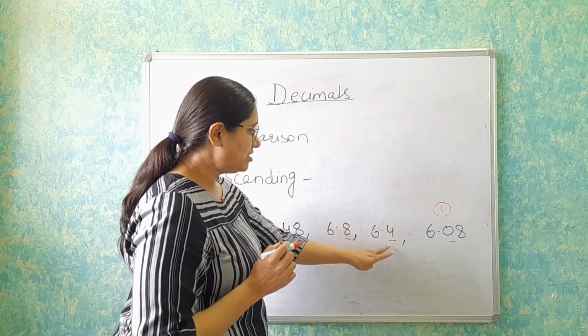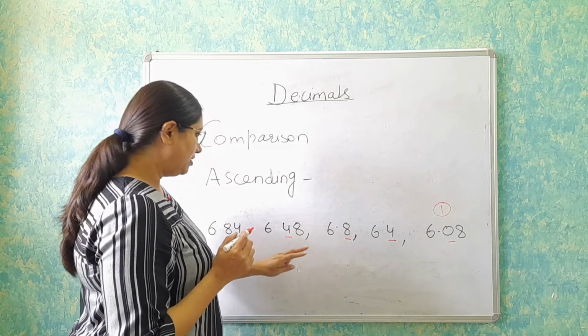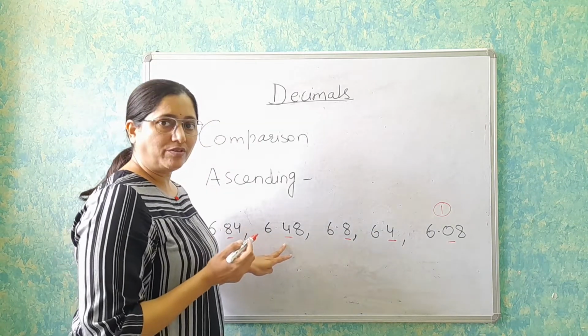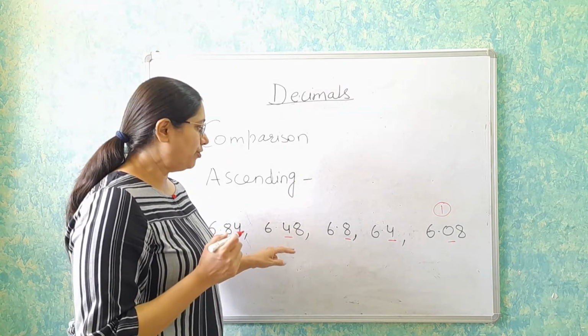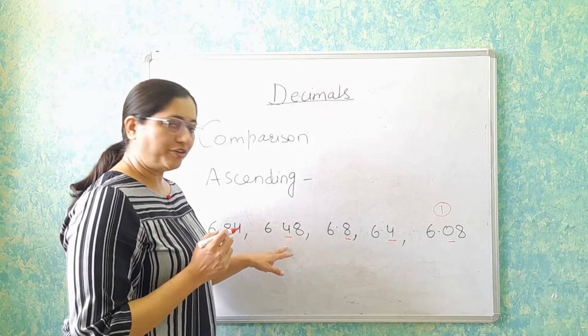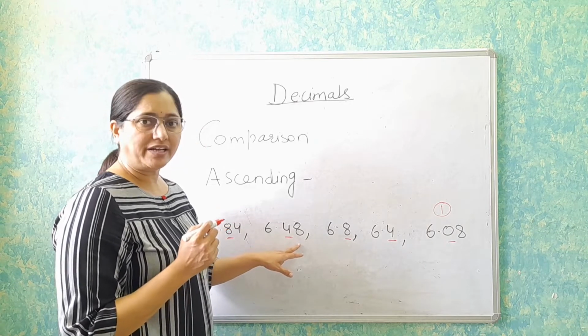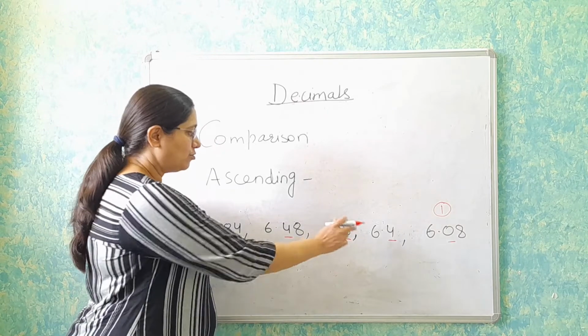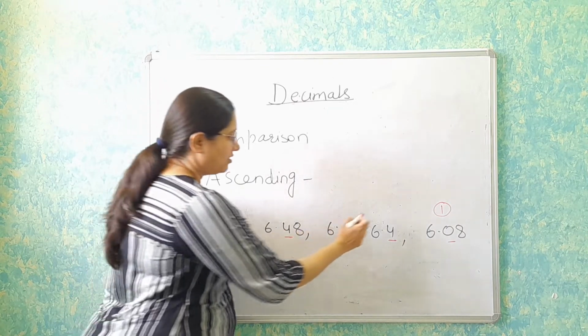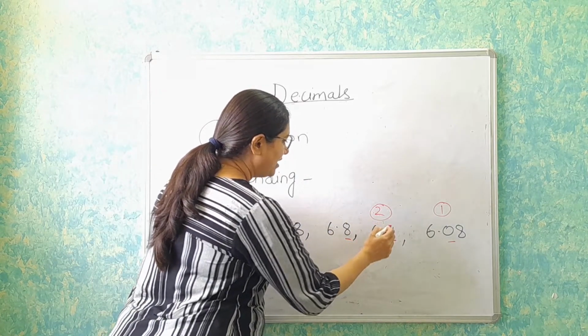After 0, this number has 4 and one more number also has 4 at tenth place. Both the numbers have 4 at tenth place, but after 4, this number has 8 at hundredth place. So we can say that 6.4 is smaller than 6.48. So this will be the second number.